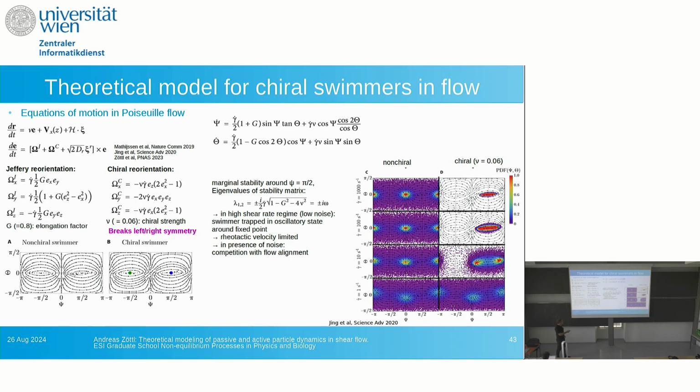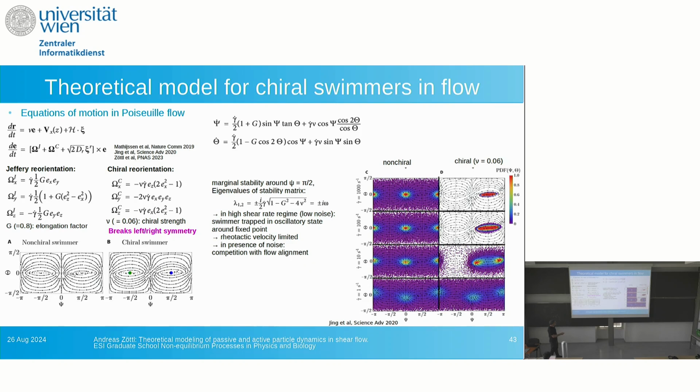Now we compare it to the chiral ones. Because there is a marginally stable fixed point on one side, they really want to go there. When you have a very strong shear rate, you can neglect the noise, and then you get a nice peak pointing in the vorticity direction, which gives you this rheotactic velocity.